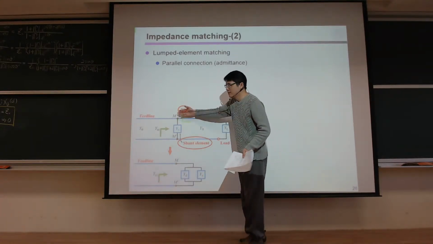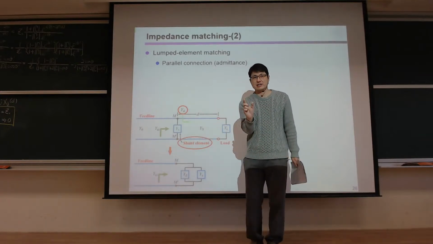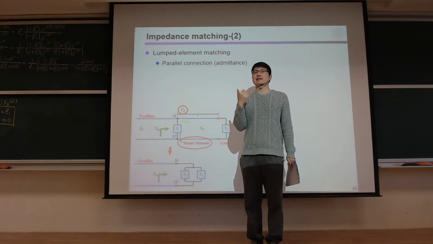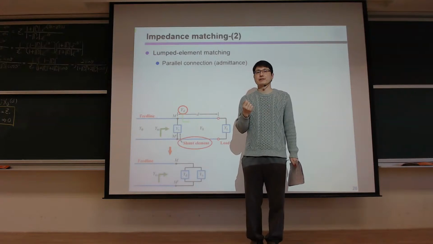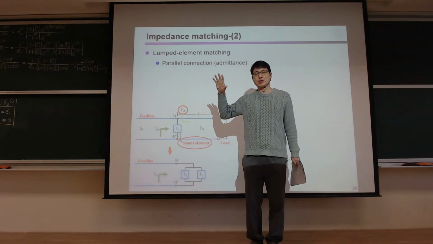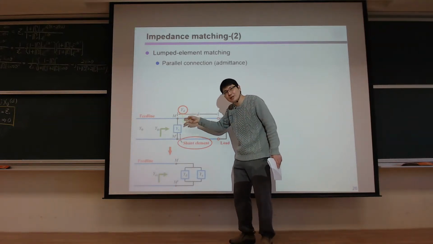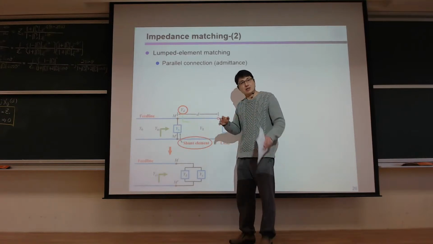If the imaginary part of the wave impedance is positive, it means you have an effective inductor, right? So you have a positive imaginary value. And then we can connect what? A capacitor in parallel to it, right?